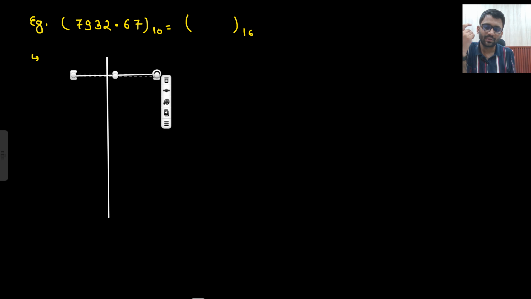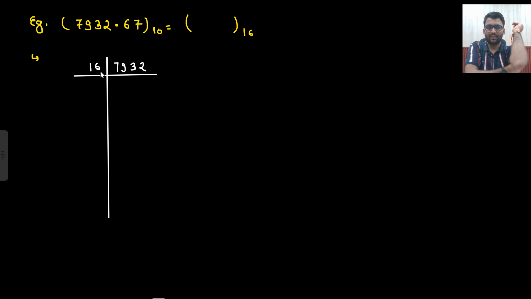7932, base 16. Let's divide it. 7932 by 16, what are you getting? 495.75.